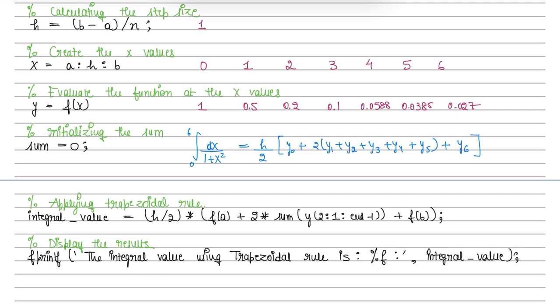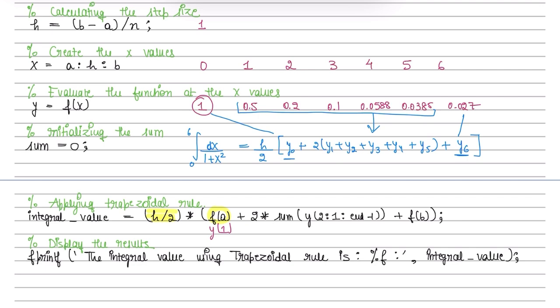The corresponding value of y0 is 1 and y6 is this. Rest of these terms are here. So for the trapezoidal formula, we will use h by 2 into f of a. We can also use y1 here, which will be the same as this point.